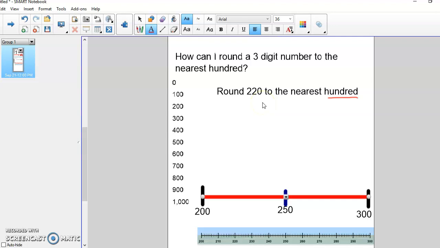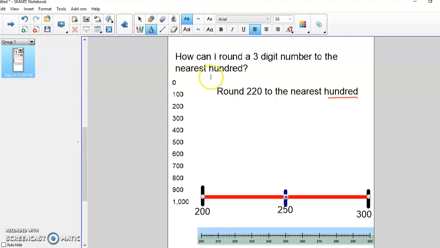Well, I have to figure out where 220 would go. So if I'm going to think about 220, I could count 201, 202, 203, 204. Oh my goodness, that's going to take a long time. I could also skip count by 10, so 210, 220, 230, 240, 250, 260, 270, 280, 290, 300.